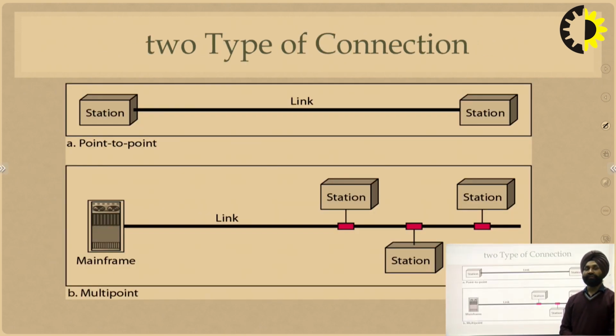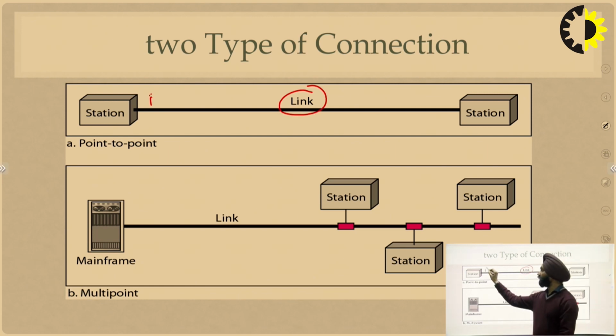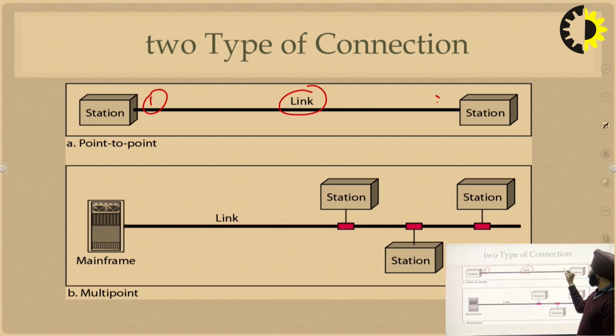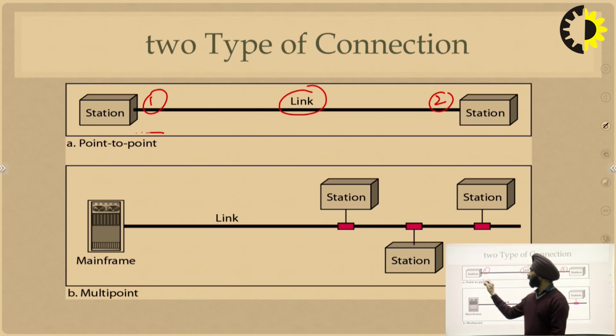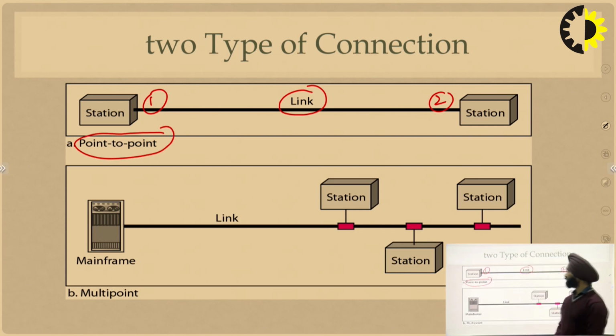Now, when we have connected two or more devices, there are generally different types of connections. When there are two devices that have a dedicated link between device 1 and device 2, that type of network is known as a point-to-point link or point-to-point connection.